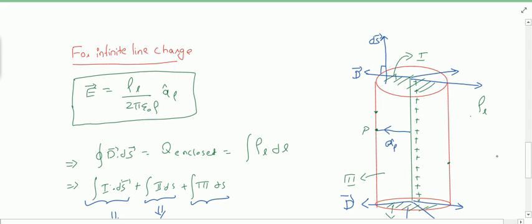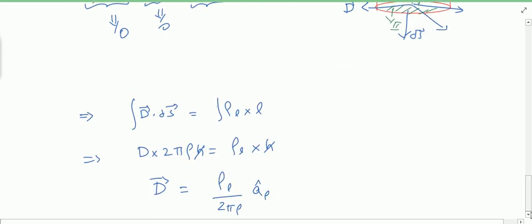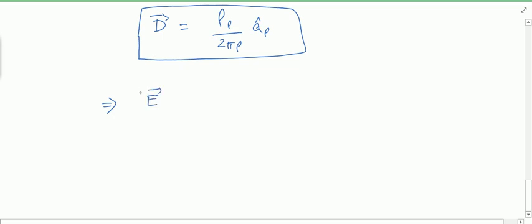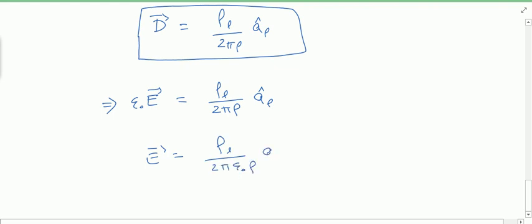So you can write it in the form of a vector also. This form you have seen earlier too for a line charge: rho l by 2 pi rho, D vector. We have already seen it. Now we can also write from this equation, epsilon naught E, if I am considering free space, equals rho l by 2 pi rho a rho cap, and E can be written as rho l by 2 pi epsilon naught rho a rho cap.